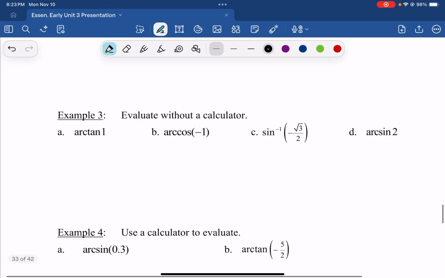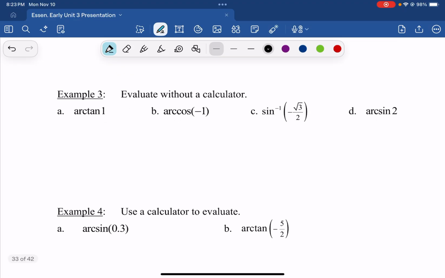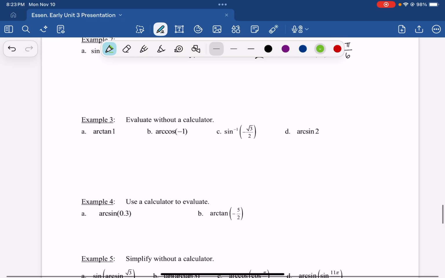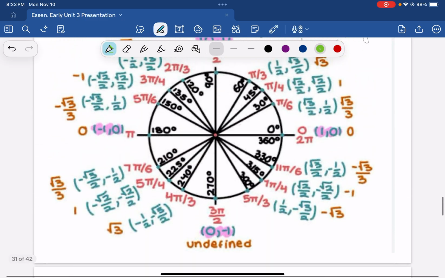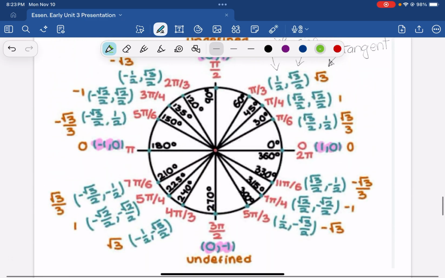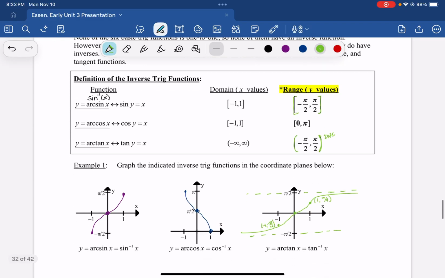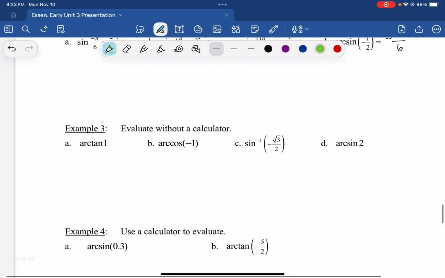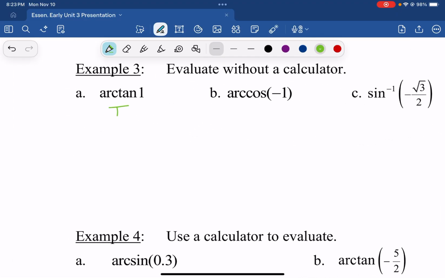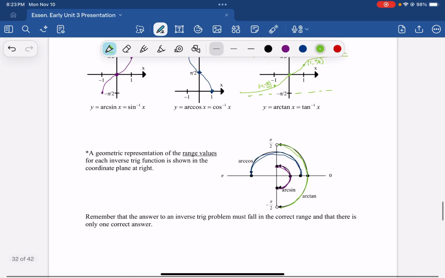Let's look at another one. Arc tangent of 1: I go back up here and look where tangent is 1, which is at pi fourths. Then where is arc cosine of negative 1? Back up to my picture.